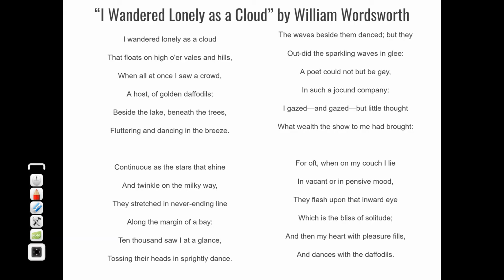Here's an example. I'm not going to go through it with you. What I want you to do right now is write down all of the words or phrases that create imagery.